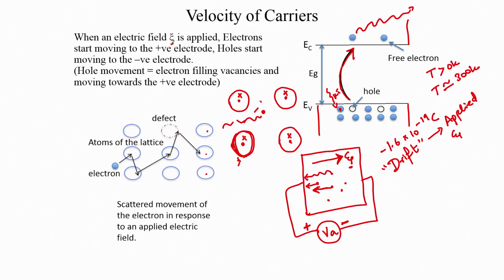Now this free electron has a negative charge. Since it has a negative charge, it will tend to polarize all the nearby atoms of silicon. So all the nearby silicon lattice atoms will get polarized in such a manner that the positively charged nucleus is drawn towards the electron and the negatively charged cloud of electrons is pushed away.